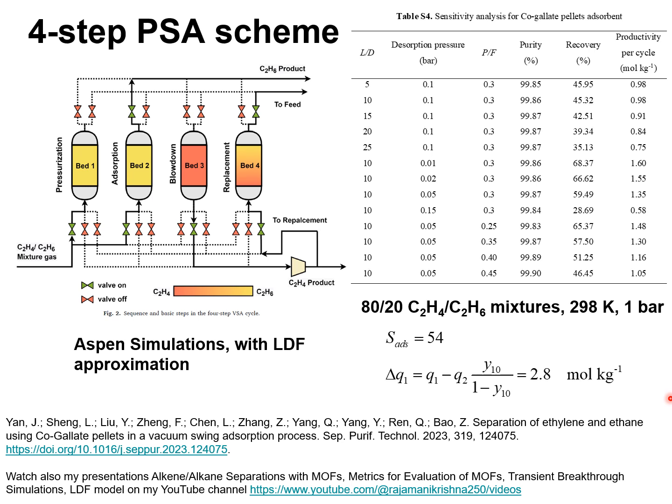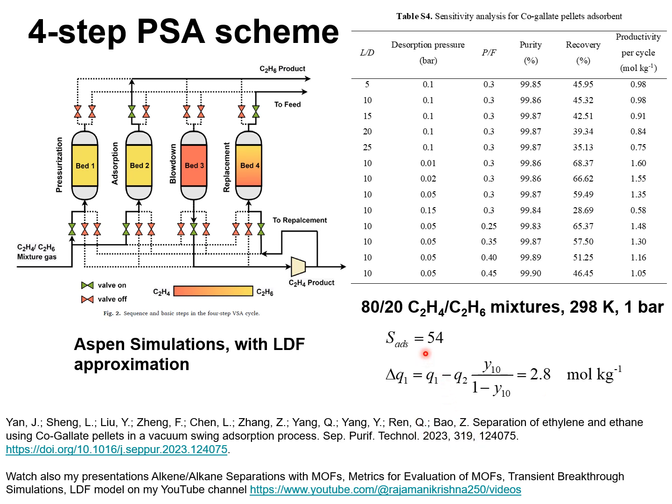Just to highlight this aspect of productivity, I present here IAST calculations for 80-20 ethene mixtures at 298 Kelvin and 1 bar in cobalt gallate pellets using the isotherm models that are provided in this paper.